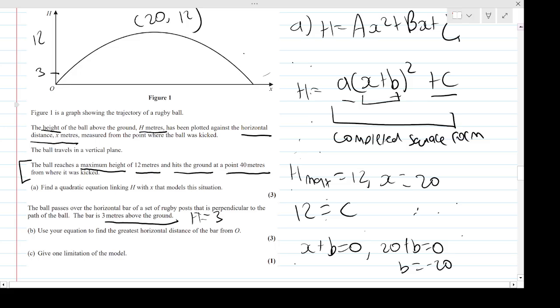So in reality, you would expect there to be air resistance, right? And air resistance is something that's variable. It will affect the ball as it goes through the air, but it will affect it differently as the ball moves on.